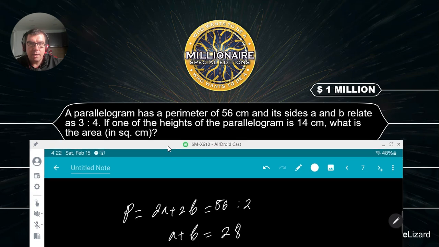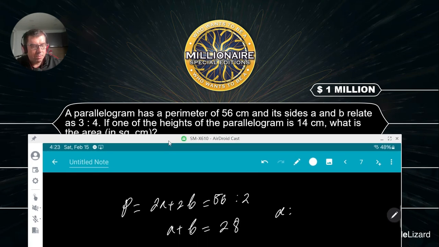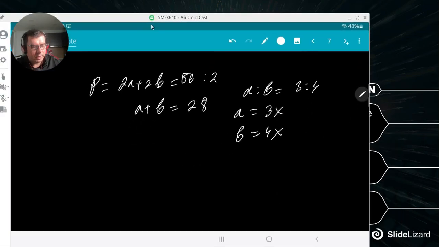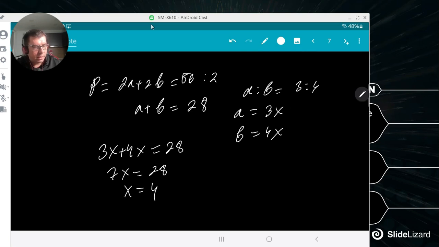And now I know that A to B relates as 3 to 4, therefore A is 3x, B is 4x. I substitute in the equation, I get 3x plus 4x equals 28, 7x equals 28, x equals 4, and therefore A will be 12 and B will be 16, right?